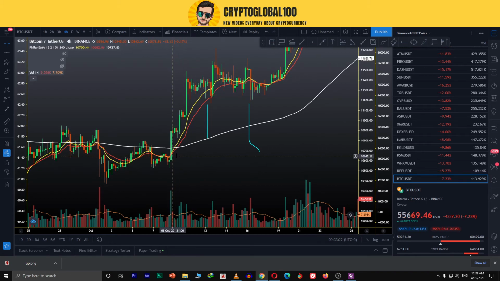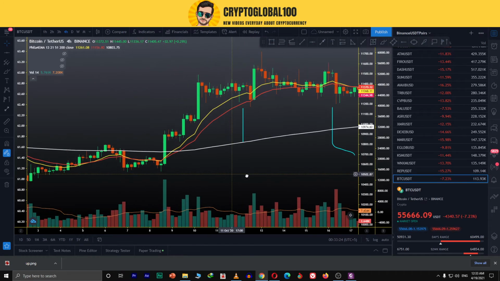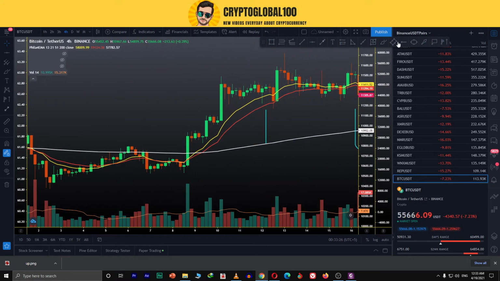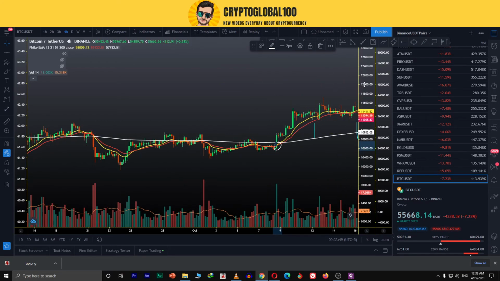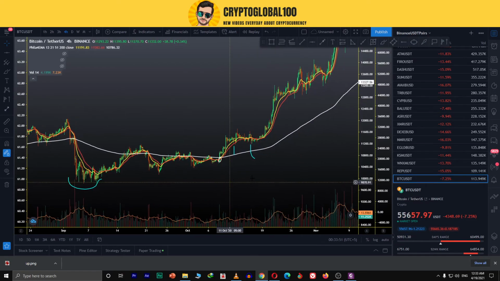Here you can see after the bullish crossover, from this candle, if anyone would have taken entry from this candle, and this is a 4-hour chart, so you can see if anyone would have taken an entry on the 8th of October on this area, man, just take a look at this.